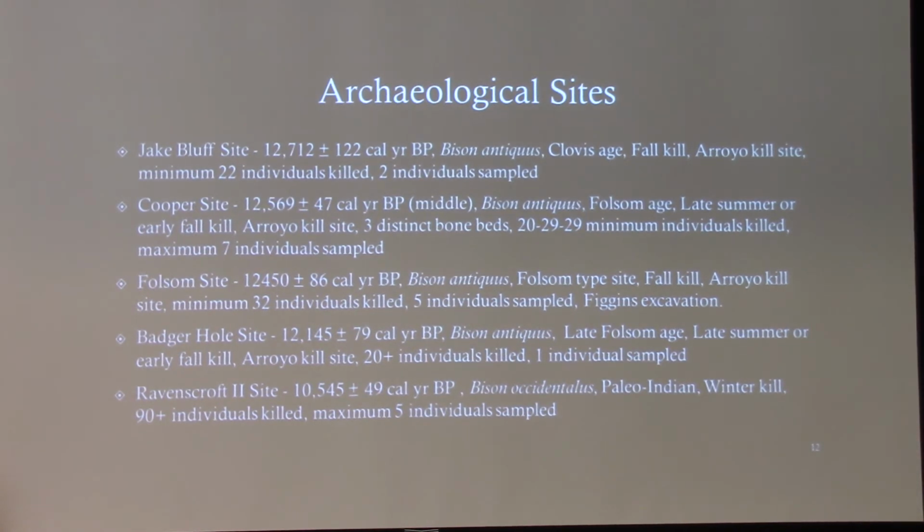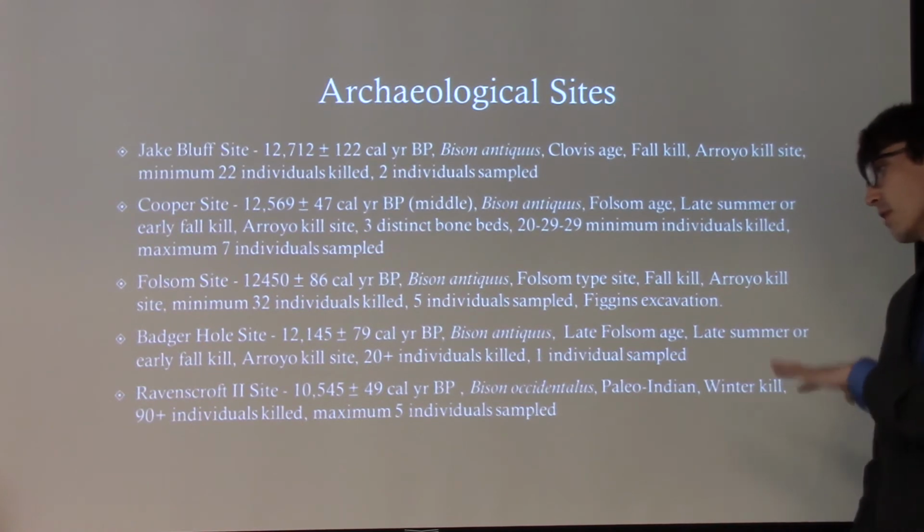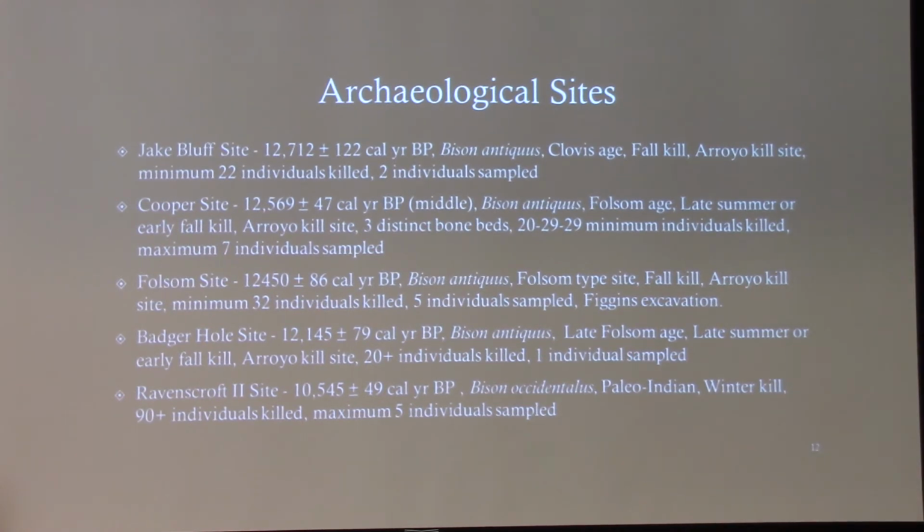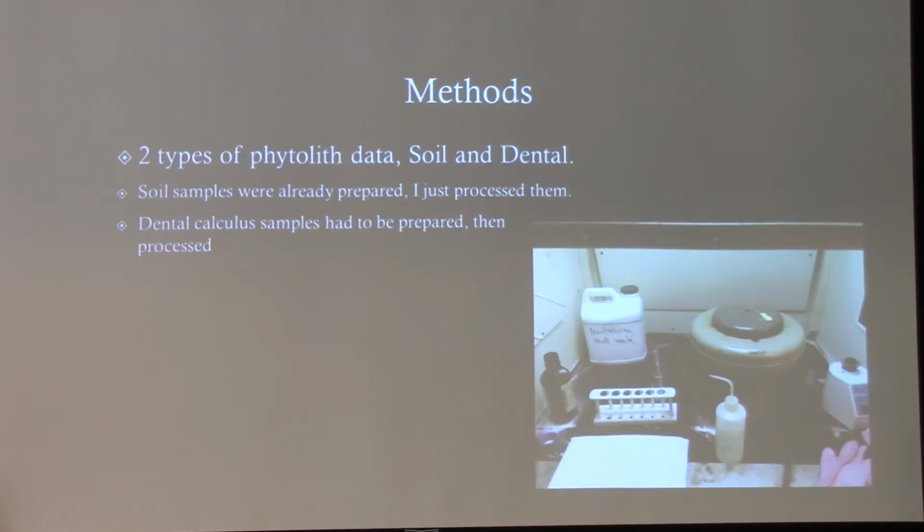It's Paleo-Indian in age. The individuals killed here were killed during the winter. It's a very large kill site with 90 plus individuals killed, and I had again access to a maximum of 5 individuals, again with unassociated teeth samples.